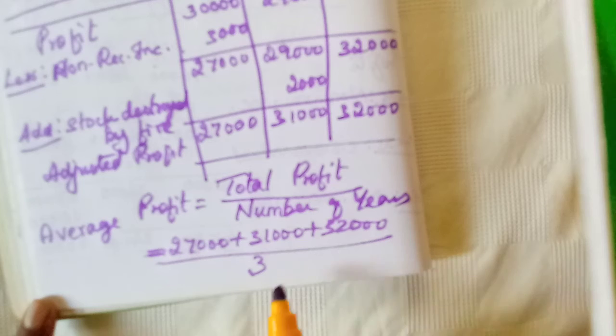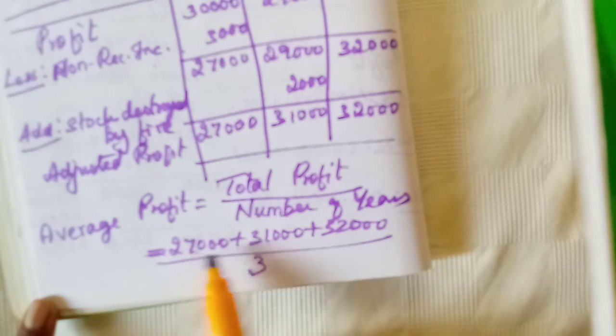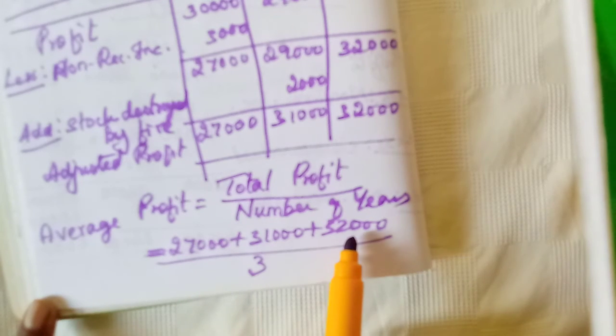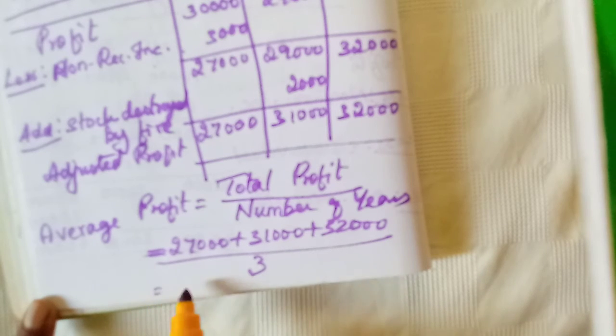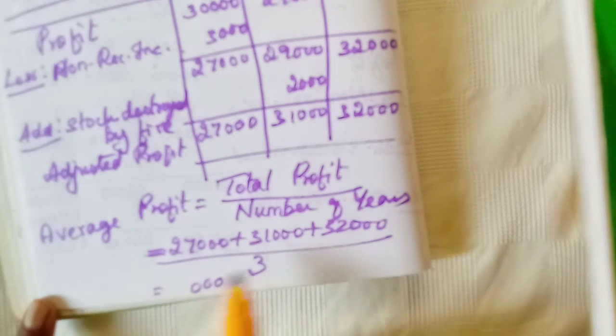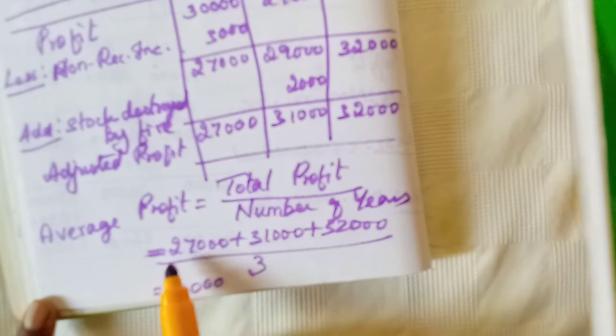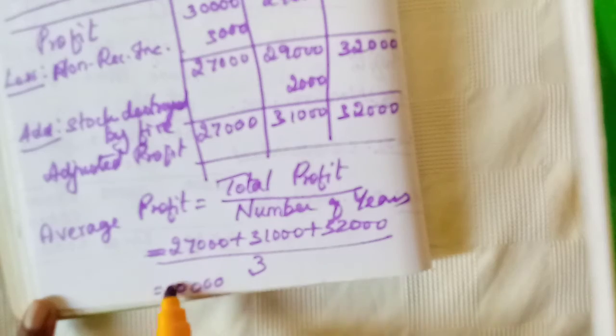How much do you get? 7, 8, 10, balance 1, 4, 7, 9. So 90,000 divided by 3. How much do you get? 30,000. That is the average profit.